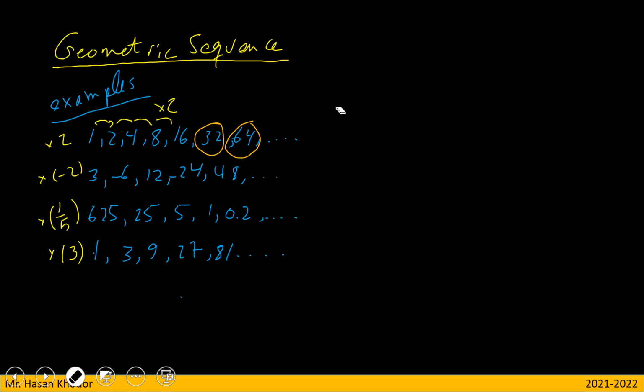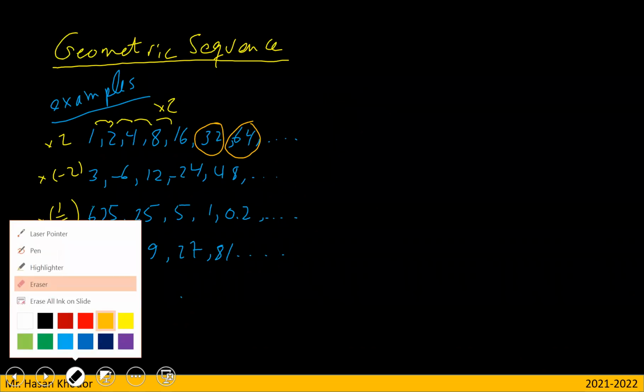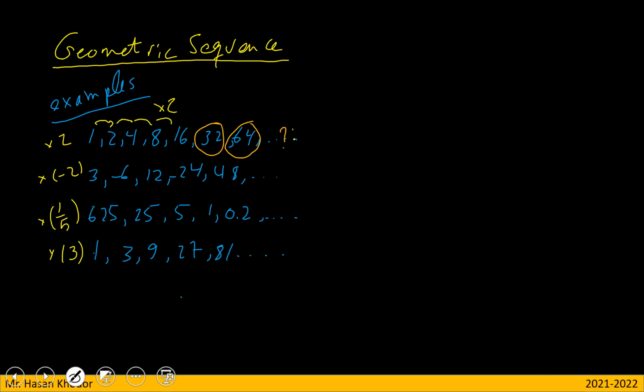Another way. What is the next number here? Multiply by 2. Okay, so you multiply by 2. 128. Why? Because 128 comes from 64 times 2.